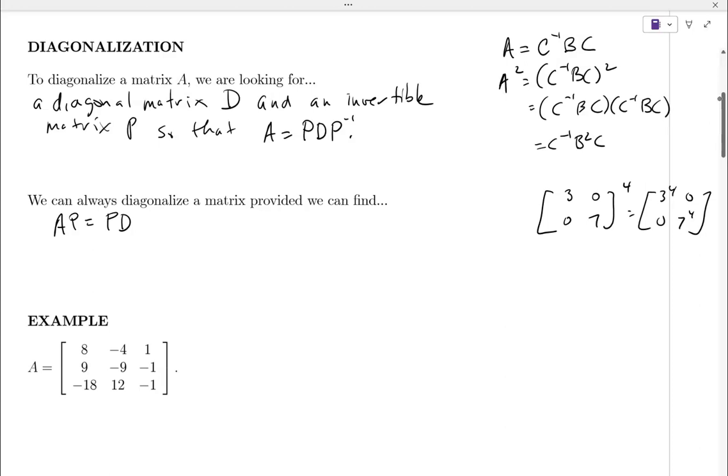Remember, I can think of this multiplication as taking the matrix times the first column, that makes the first column. Take the matrix times the second column, that makes the second column, and so on down the line. So if I write it this way, I would have A P1 down the first column, A P2 down the second column, all the way out to A Pn down the last column.